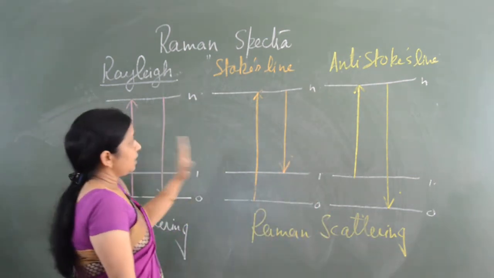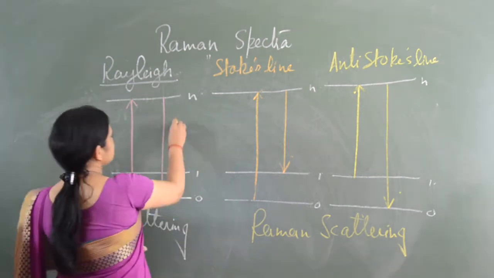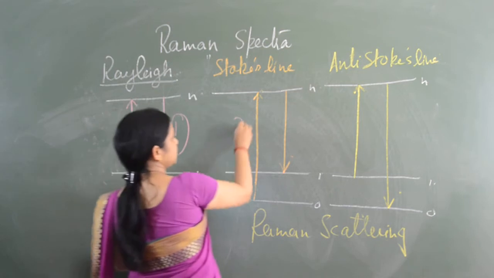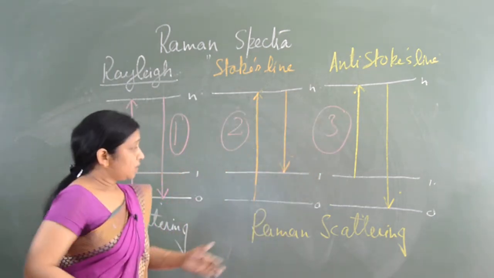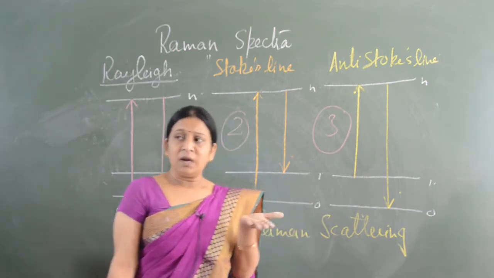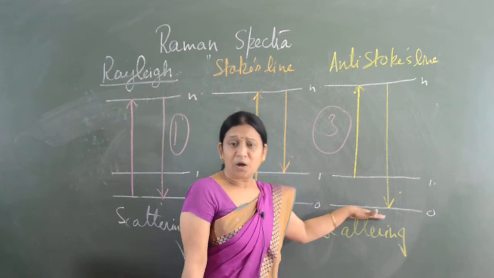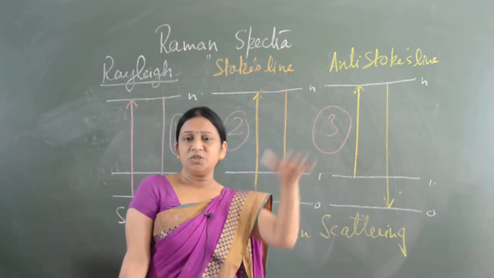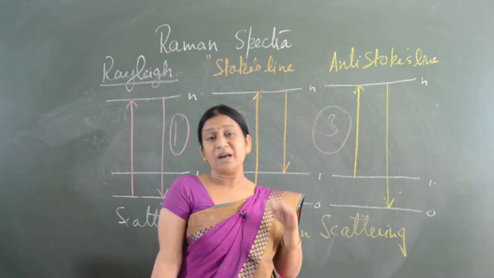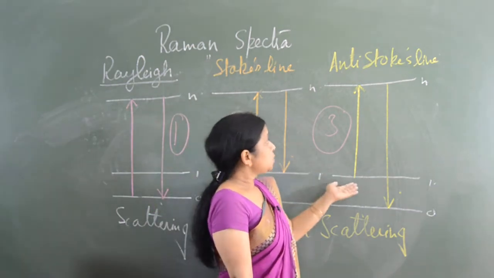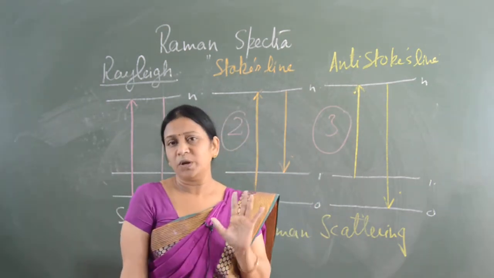Now if we compare the energies or intensity of these three, then this is of highest energy, then second is this, and third is this one. Why? Because in normal conditions, the molecules are normally present in the ground state. So the number of molecules present in the higher energy states is less. With fewer molecules showing the transition, the intensity of the transition will be low.